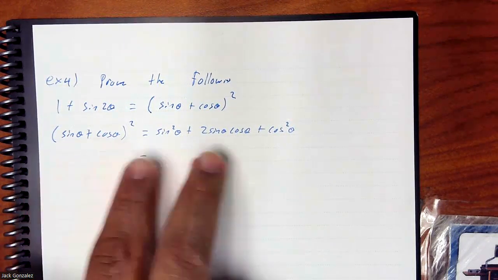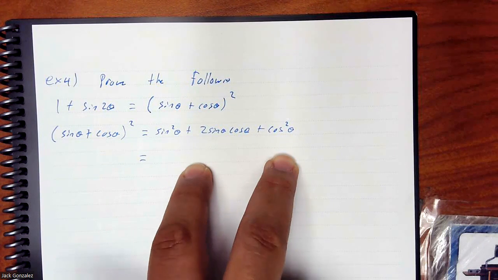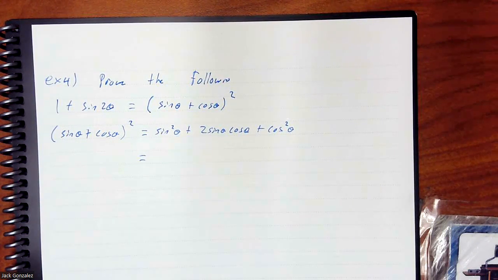When you square this, you're going to get 3 terms. Everyone see that or not? No? Square, that means you're doing this, right?